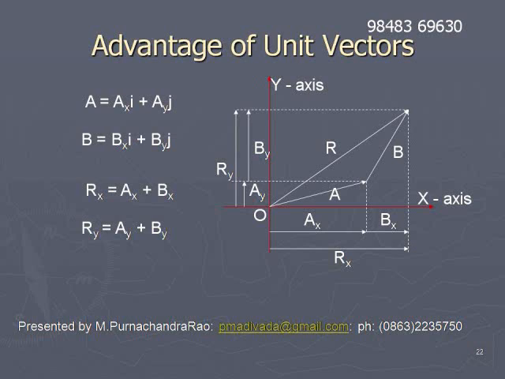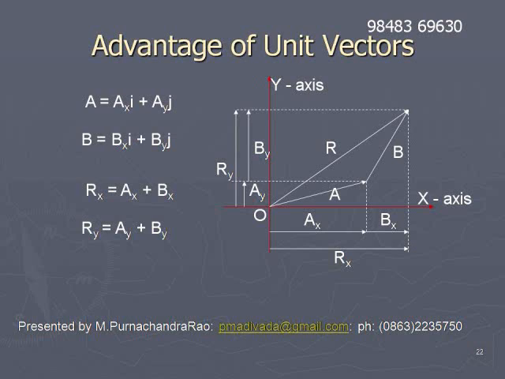The height of this along the y-axis, the distance of this from the x-axis, is given as ay. So, ax and ay represent the components of a bar. Ax is along the x-axis, ay is along the y-axis. So, the vector a bar can be written as ax i plus ay j.